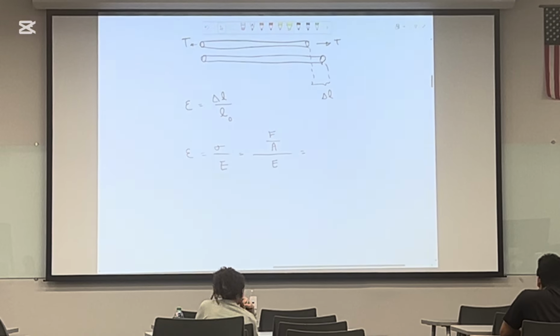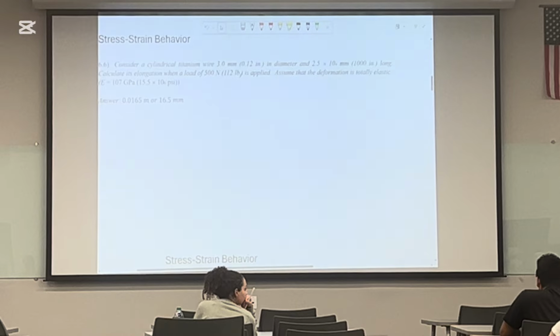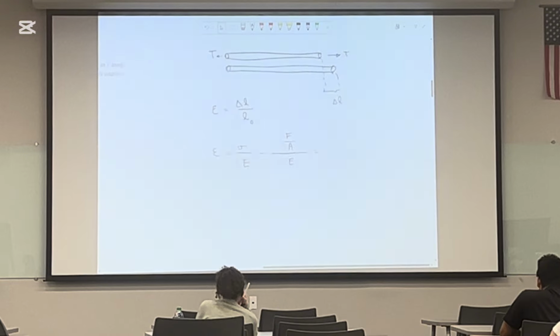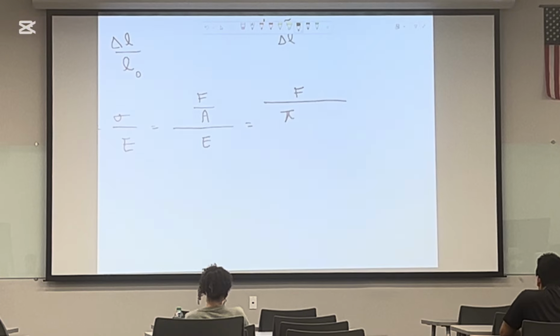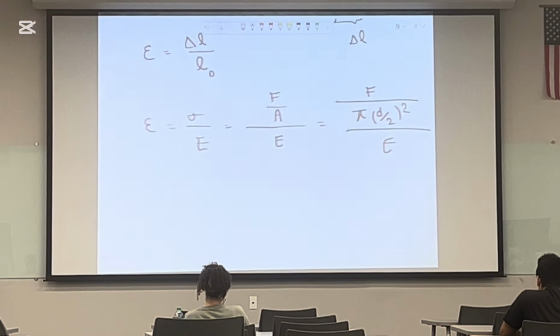And let's see what we have here. So we have the diameter. So I write it down as pi D naught squared over 4 times E.